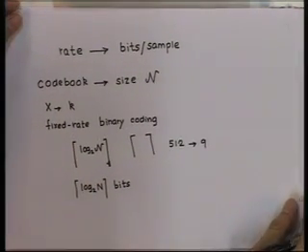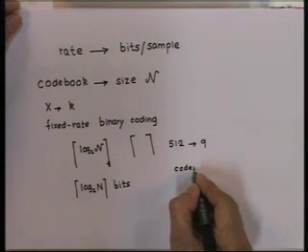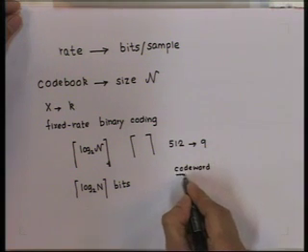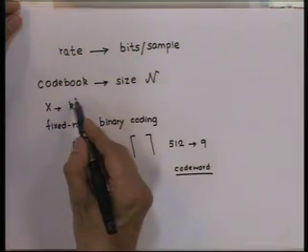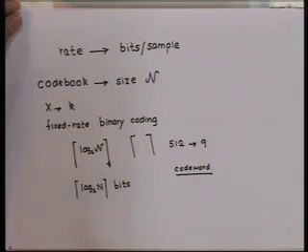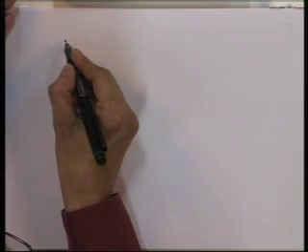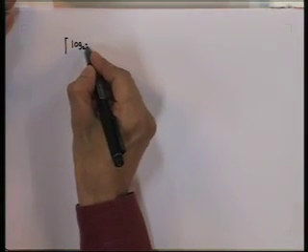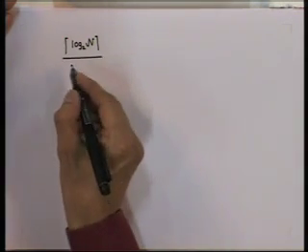Now, since each code word contains the reconstruction values for k source output samples, the number of bits per sample would be ⌈log₂ n⌉/k.